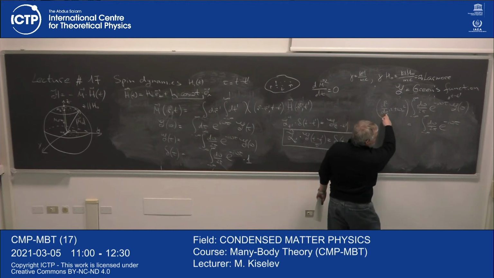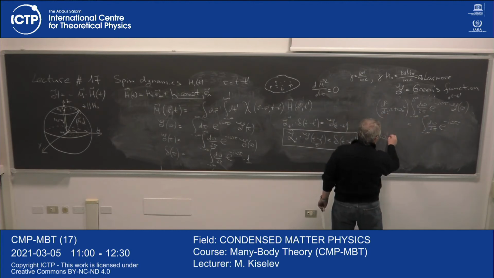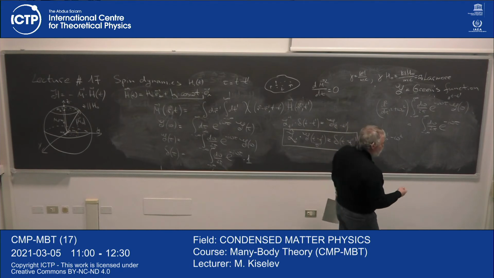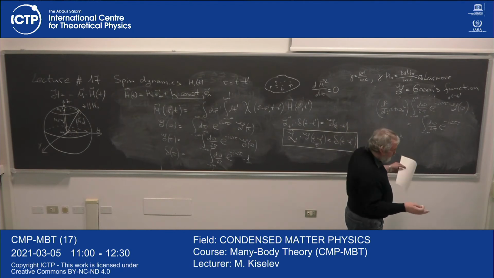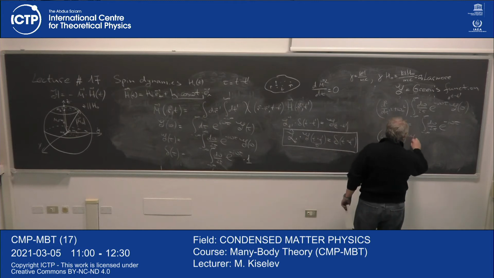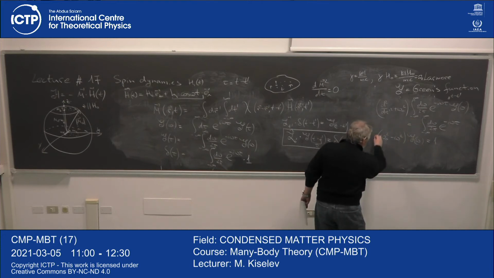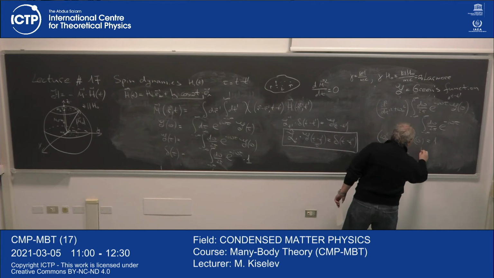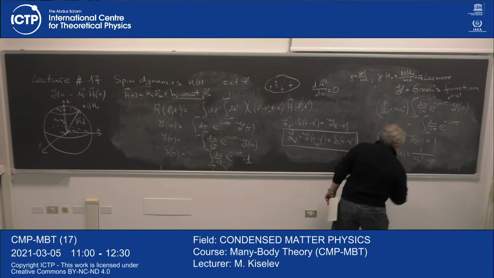Therefore, I can apply this differential operator to the exponent, and what I get is omega naught squared minus omega squared. I equate the two integrals, I equate the two terms in front of the exponent in the left-hand side and in the right-hand side. (omega naught squared minus omega squared) G(omega) is equal to 1. Therefore, G(omega) is equal to 1 divided by (omega naught squared minus omega squared).